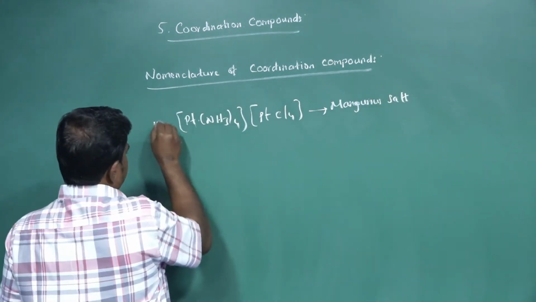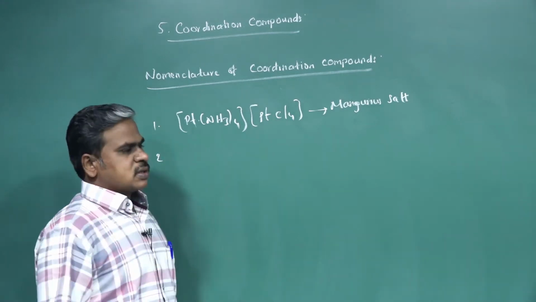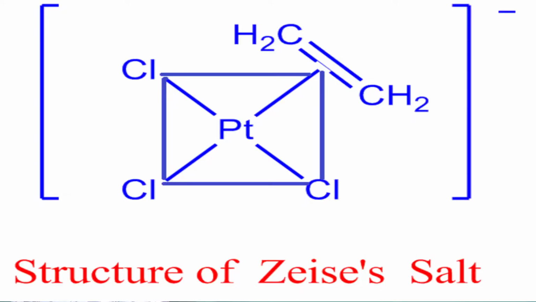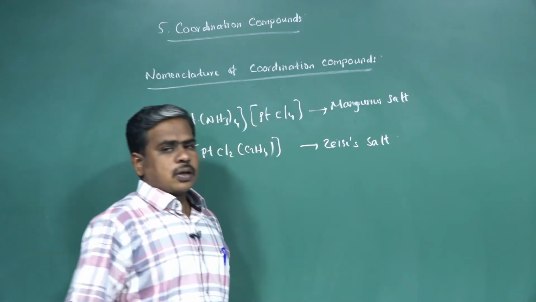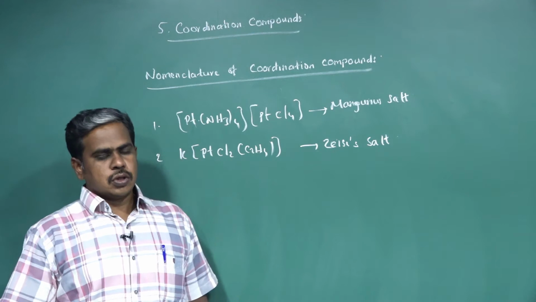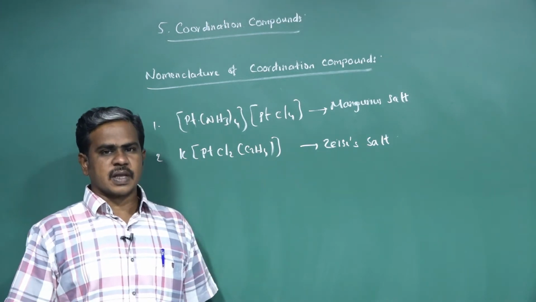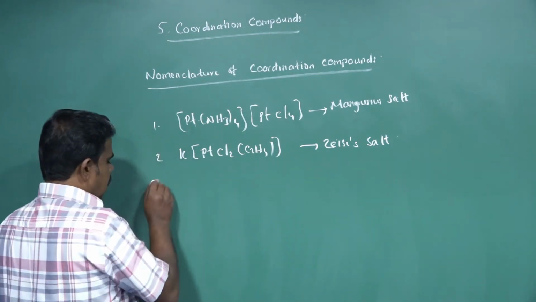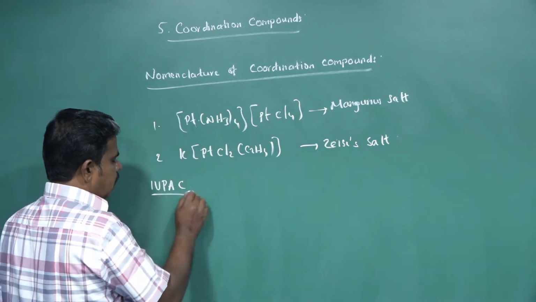And we may take the next one, that is K[PtCl3(C2H4)]. It is considered as Zeise's salt.